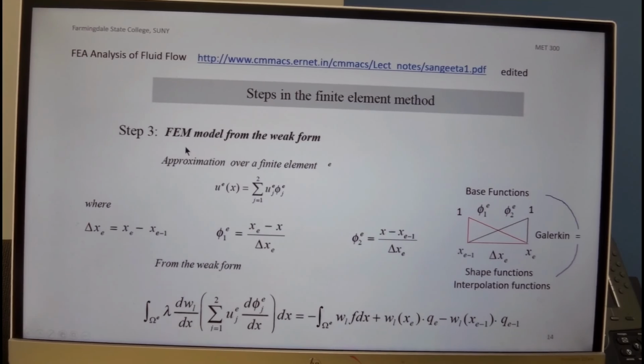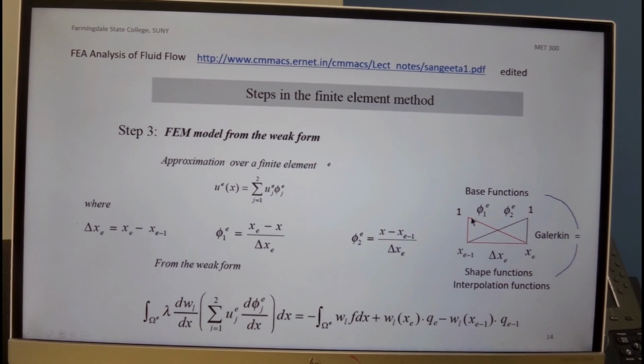The next step is to define the weak form in terms of the approximated functions. So over an element, we define the unknown variable as the sum of the two nodal variables at the two ends of the element times the two base functions phi.